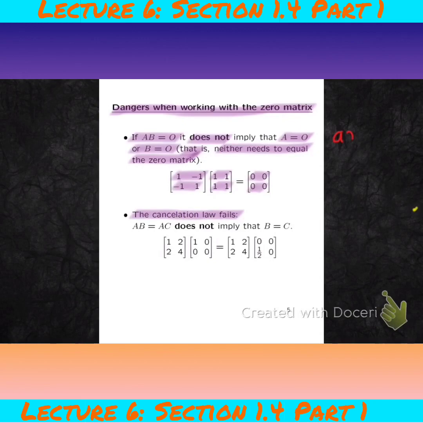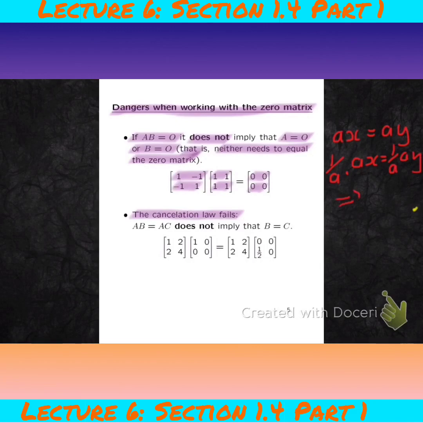We had the cancellation law: if AX is equal to AY and A is non-zero, then you could invert A, multiply that on the left-hand side and do the same on the right-hand side.